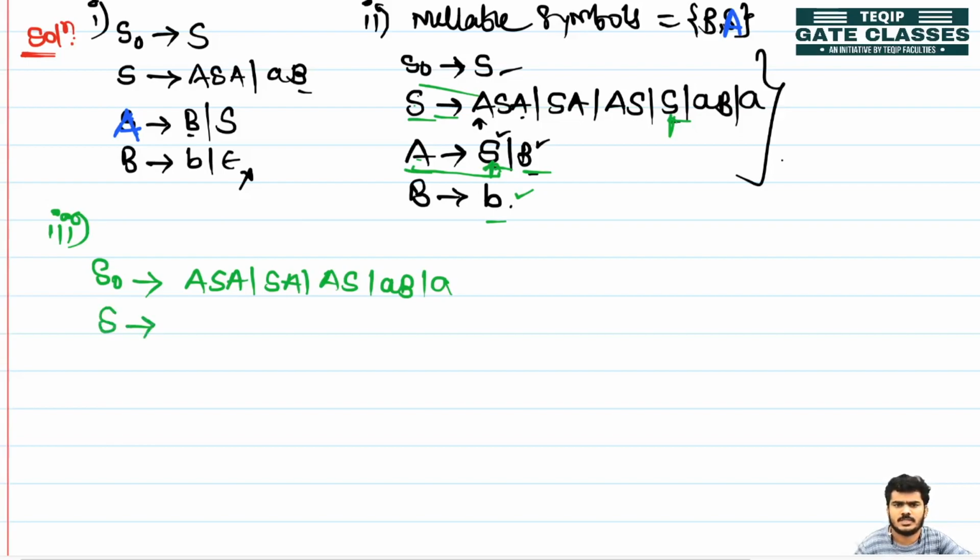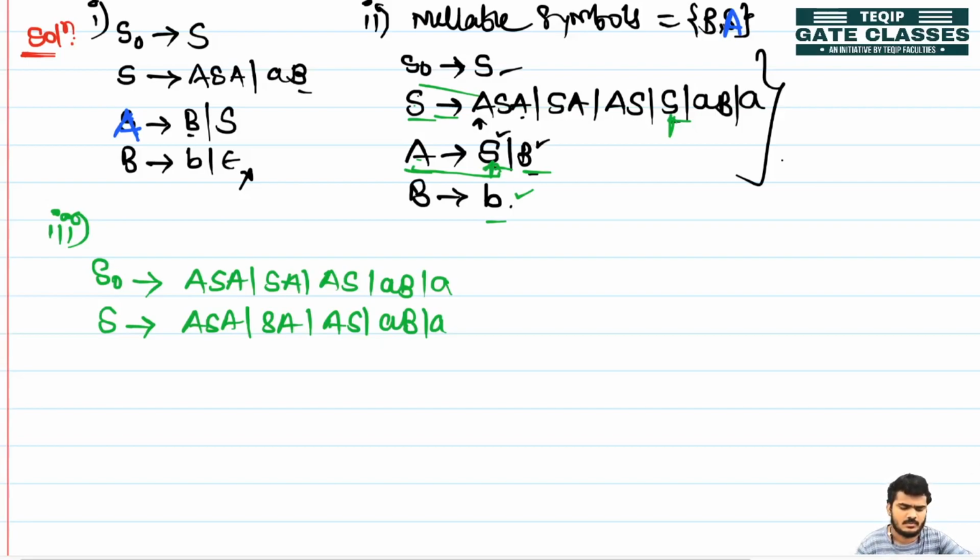Next, S is producing ASA, SA, AS, AB, and A. If instead of S I write the same thing, then again the same will come, so that's why I am not repeating this.